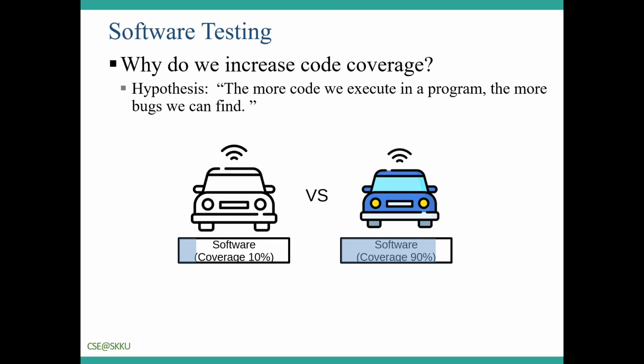I think most of us would definitely choose the car with 90% code coverage. Why? Because we naturally believe that the more of the program logic has been tested, the safer and more reliable that software is. So now let's dive a bit deeper into what code coverage actually means.